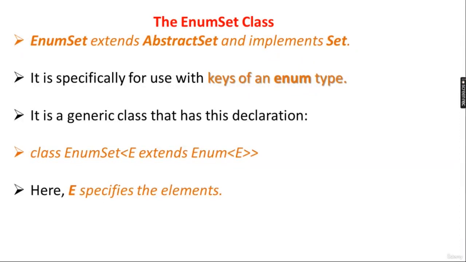Okay. EnumSet class. EnumSet extends AbstractSet and implements Set. It is specifically for use with the keys of enum type. It is a generic class that has this declaration: class EnumSet<E extends Enum<E>>. Here E specifies the elements.